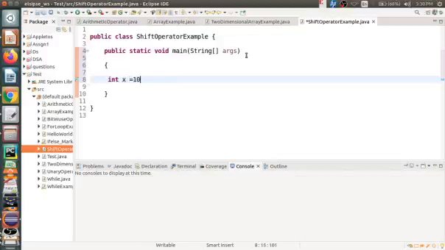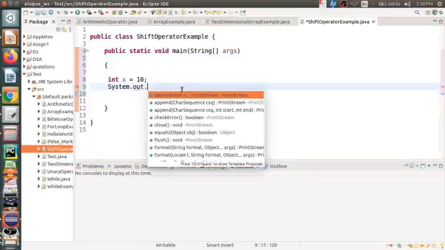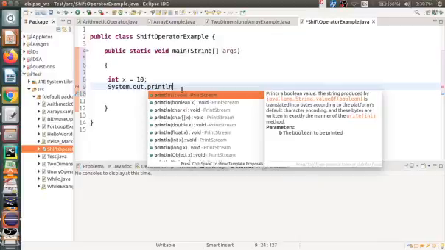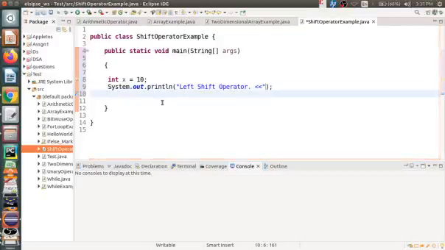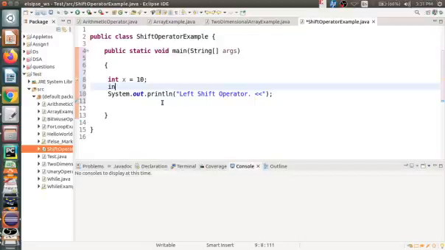Int x is equal to 10, and System.out.println for the result.